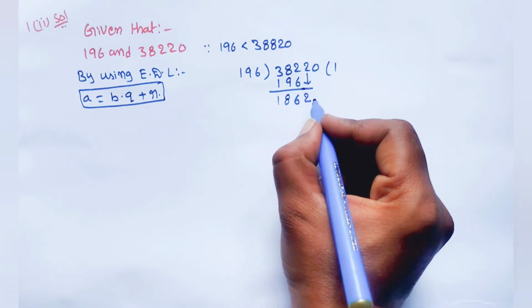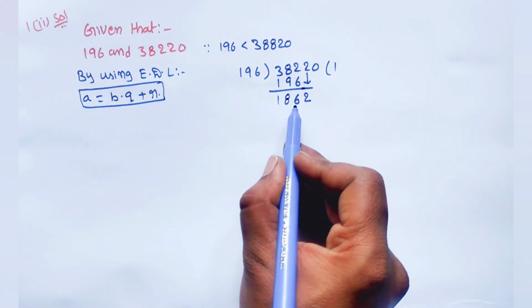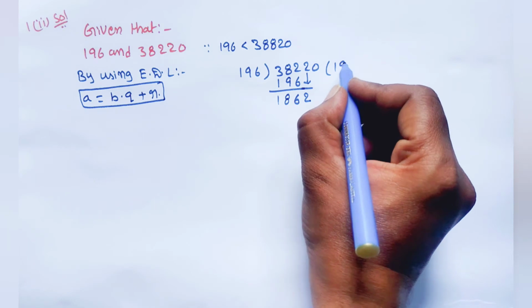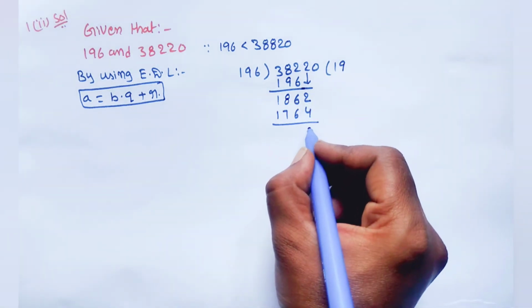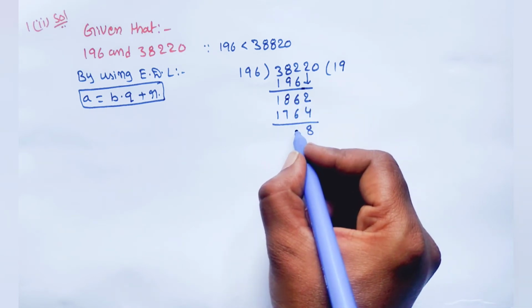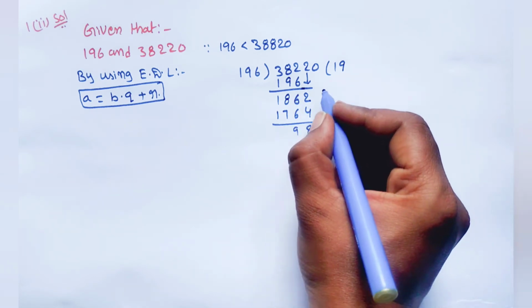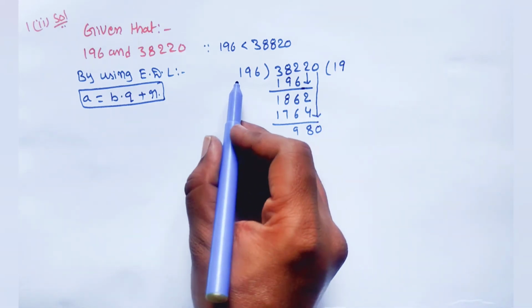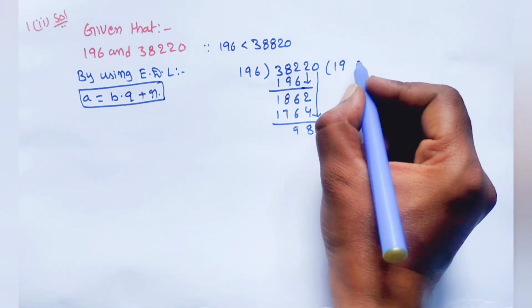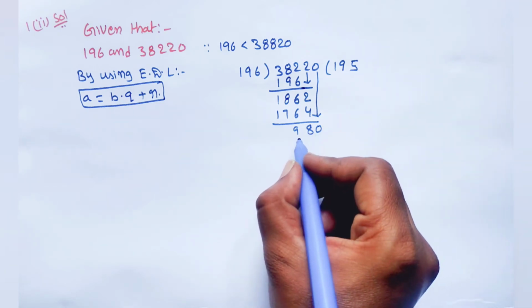We take 2. So 196 9s are 1764. That is 12 minus 4 is 8, 15 minus 6 is 9. Take 0 down as usual. We get 196 5s are 980.